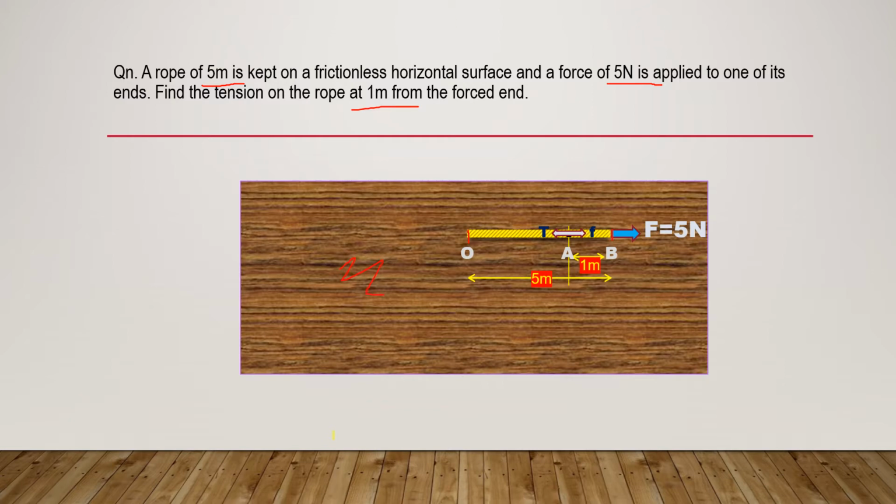This is the frictionless surface, and as we saw in the animation, due to this forward force F equal to 5 Newton, it is moving forward in direction O to B, and the length of the rope is 5 meter, and we have to calculate the tension T at point A, which is 1 meter from the forced end, which is B, where force is applied. So the tension on the rope will be in this direction from A to O.